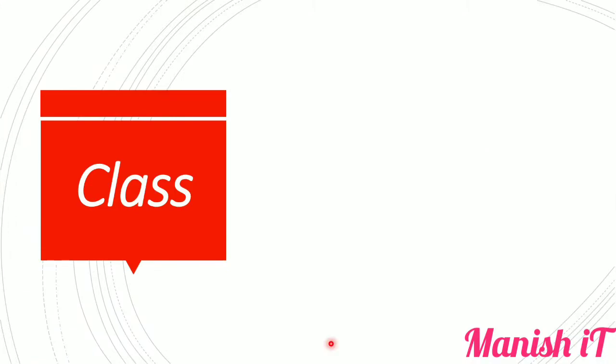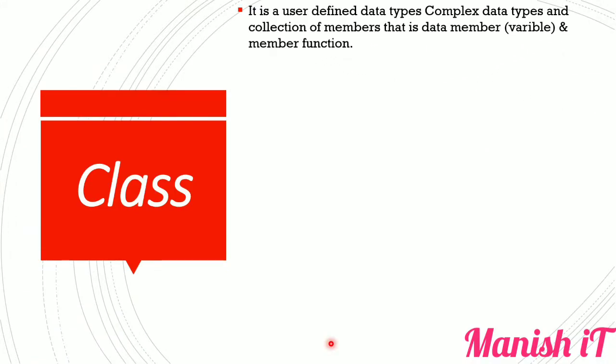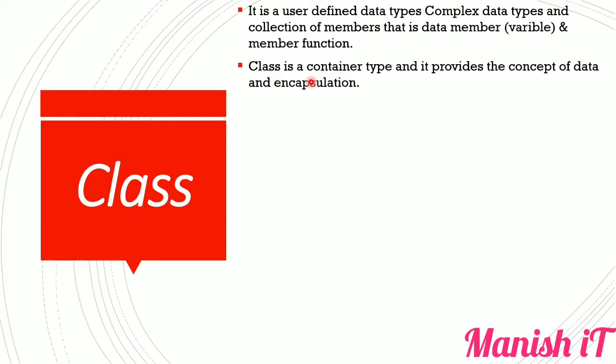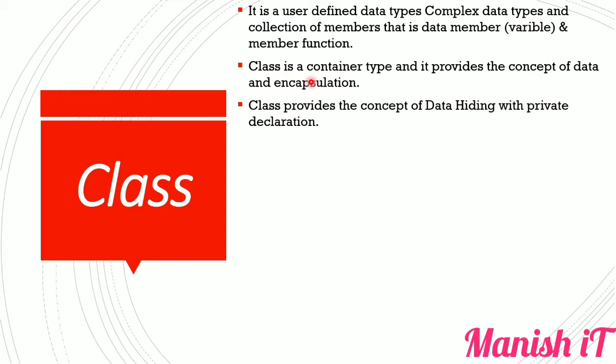Next, what is a class? It is a user defined data type, a complex data type, and a collection of members, that is data members, which are nothing but variables, and member functions, which are nothing but functions. The next line is: a class is a container type and it provides the concept of data encapsulation. A class also provides the concept of data hiding with private declaration.